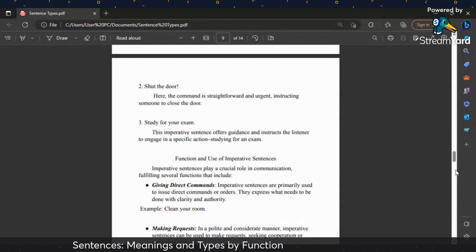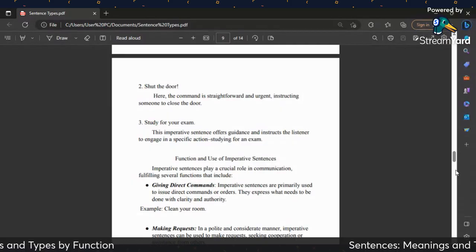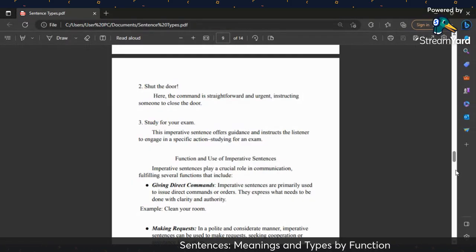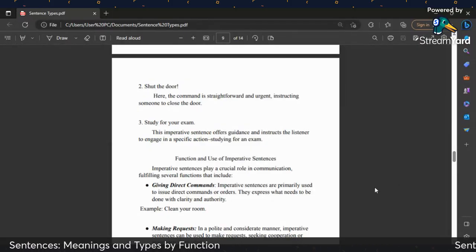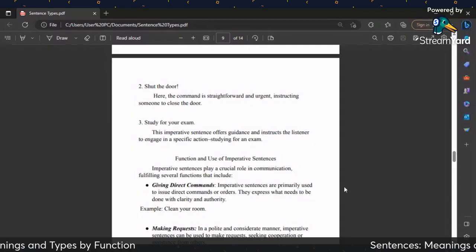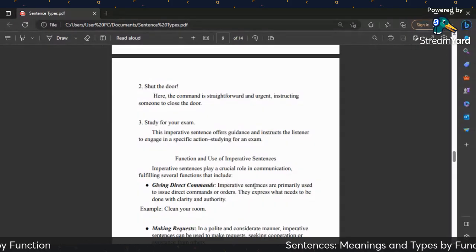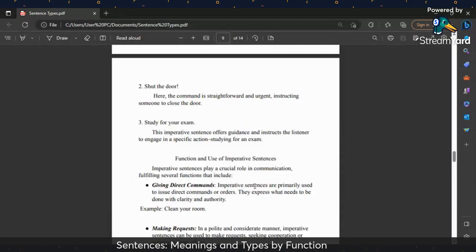So if you want to command someone, you can make use of the exclamation mark to show that you are emphasizing it. Now to the functions and uses of imperative sentences. The first one is to give direct commands. We can use the imperative sentence to give direct commands or orders.